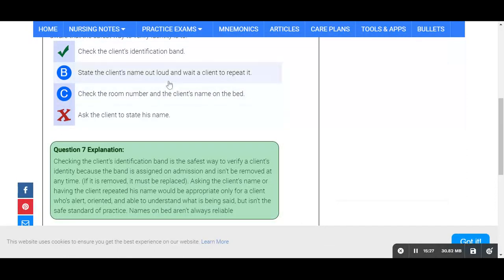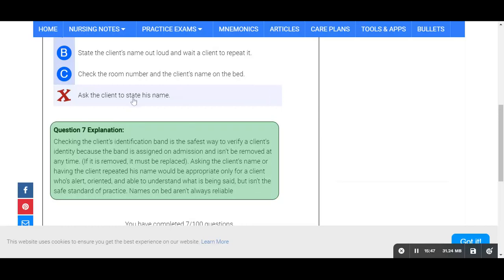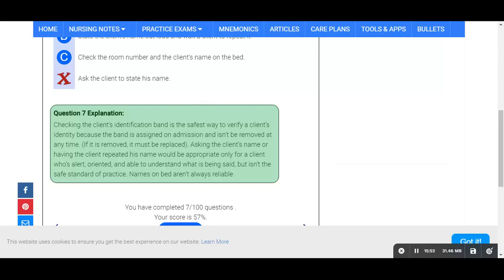If you state the client's name out loud and wait for the client to repeat it, the client can just lie about it and say yes. Check the room number and client's name on the bed: the name tags of the bed can actually interchange with others. So I think this is the safest way, but let's read the rationale.